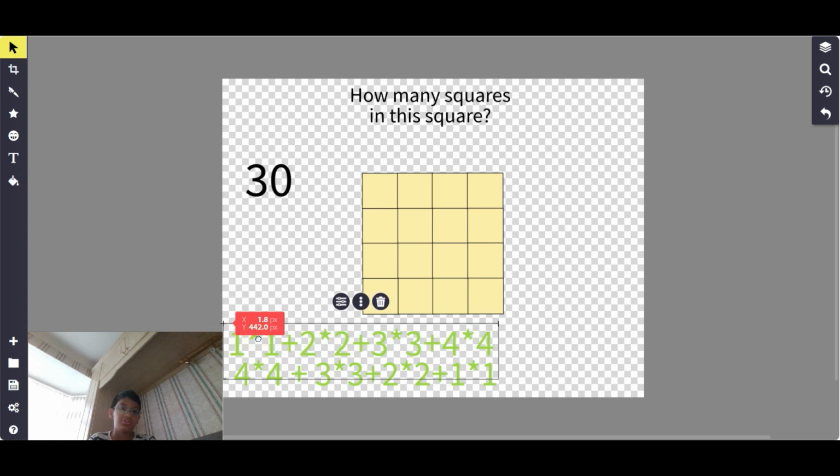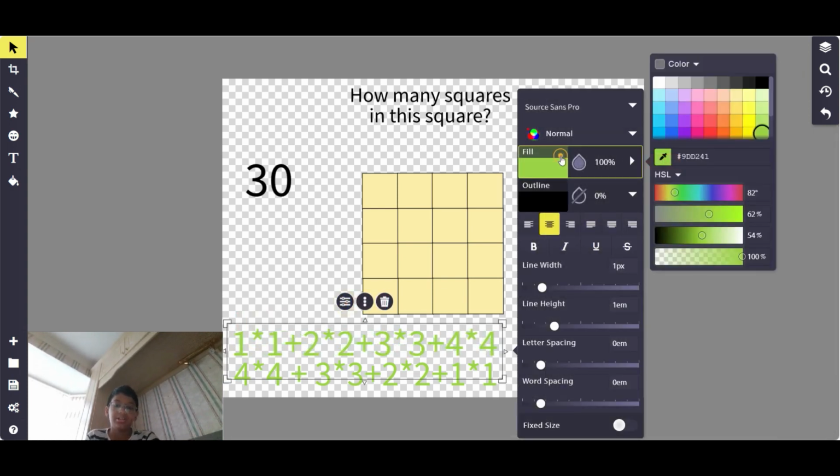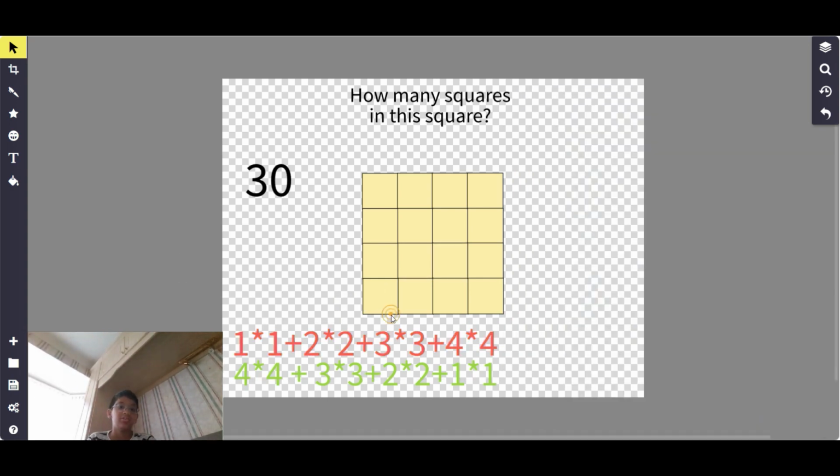And now I will show you what I did, and why I went from 1 times 1 to 4 times 4. Now see the pattern of what I am doing. First, let's see how many 1 by 1 squares there are.